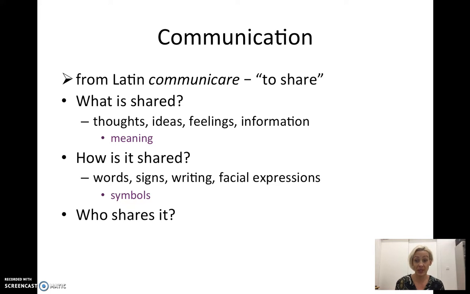Who shares the meaning using symbols? Well, of course, people communicate, but not only people communicate. All living organisms communicate. Animals communicate. Cats and dogs and tigers and even bacteria communicate. But also machines can communicate. So your computer can communicate with your router, right?